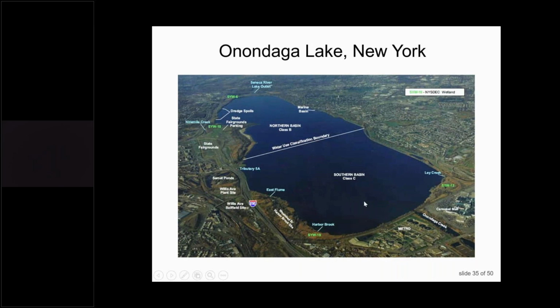It's a recreational resource. Check out here, you see Metro. You can see what this is, right? It's a wastewater treatment plant. So the wastewater for Syracuse is treated at this plant, and the water goes into the lake. It accounts for about 20% of the overall inflow to the lake. So huge footprint here from the wastewater treatment plant.